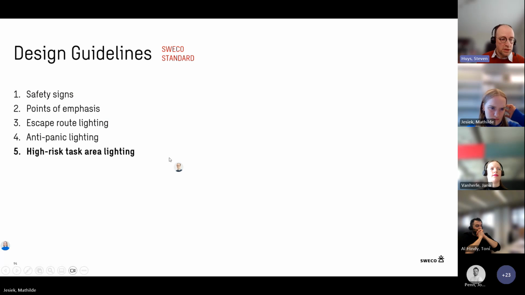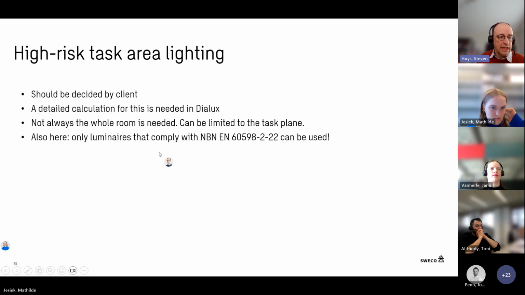And then as a last one, the high risk tasks have to be identified by the client, because he knows what kind of work will be done in the different rooms. And if it's needed, then a detailed calculation is needed because it will need fairly high lux levels.